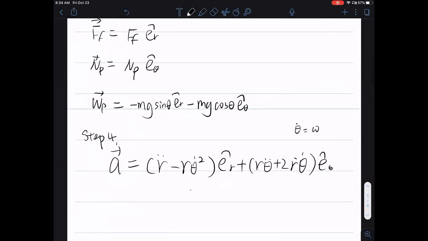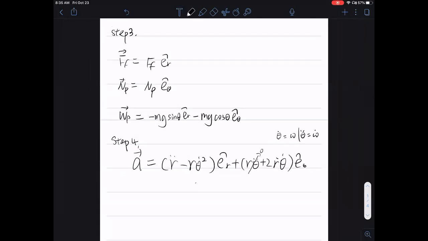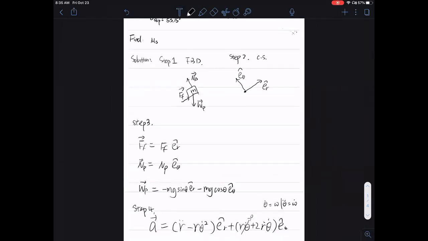That's the angular speed. And theta double dot is simply omega dot, right? In this case, we know omega is a constant, so theta double dot will give you 0. It's just a given condition for this problem.